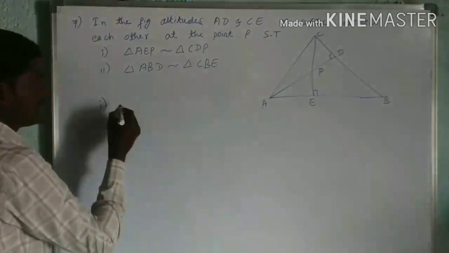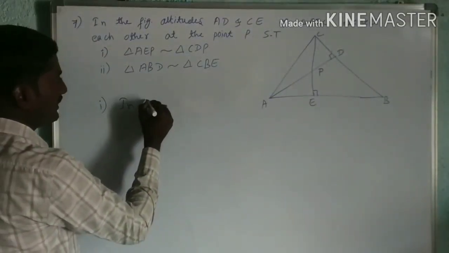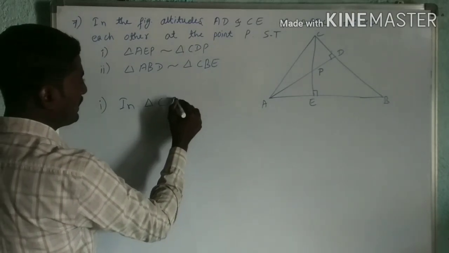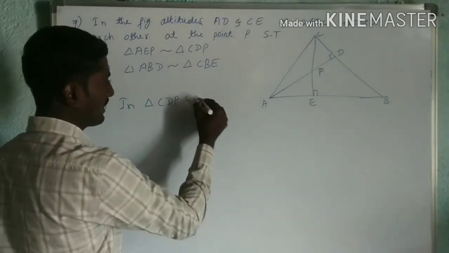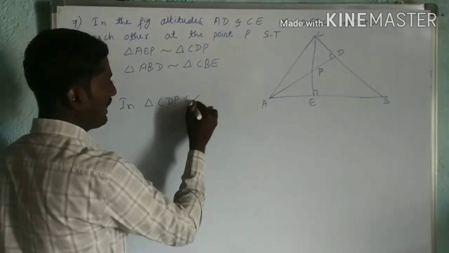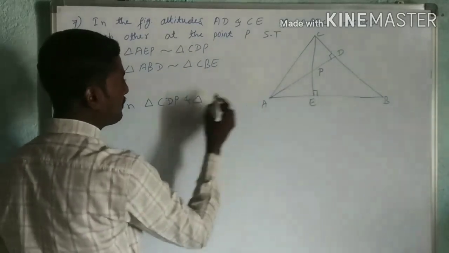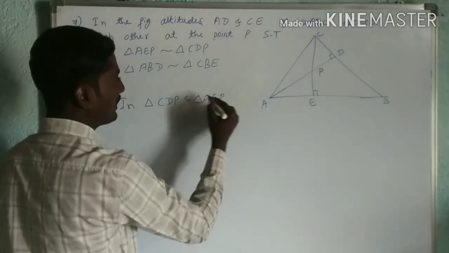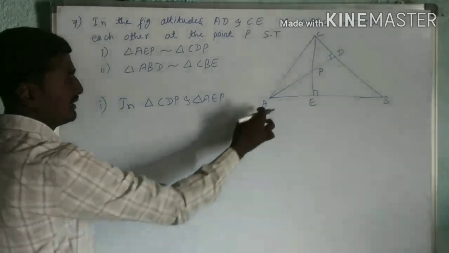So in triangle CDP and another triangle AEP, what can I write?